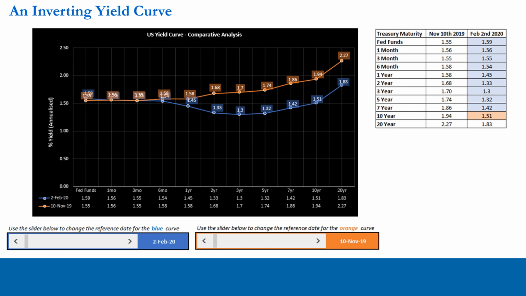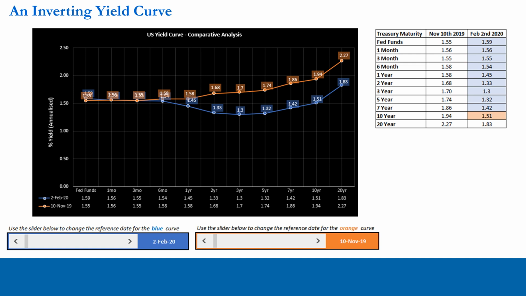What's interesting in terms of the price action is that if we compare the short-term rates of 1 month, 3 month, or 6 month on February 2nd, 2020 to November 10th, 2019, they're fairly similar. But when we compare the 10-year, which was 1.94 on November 10th, 2019, by Feb 2nd, 2020, it was 1.51.